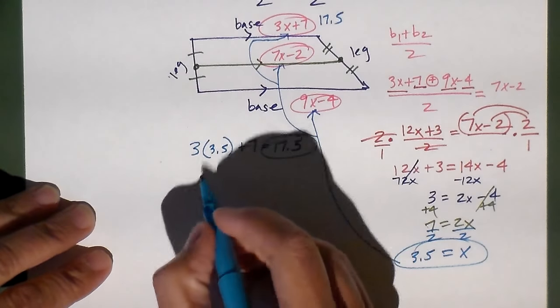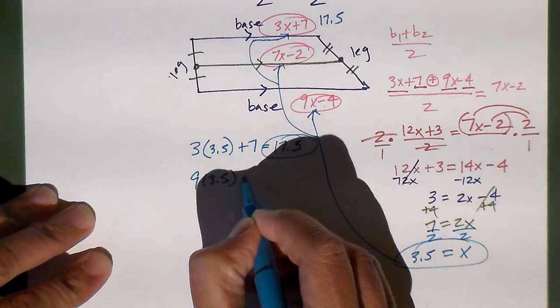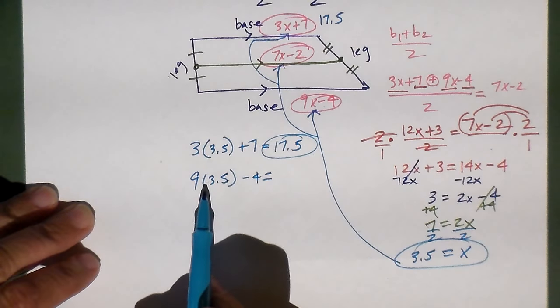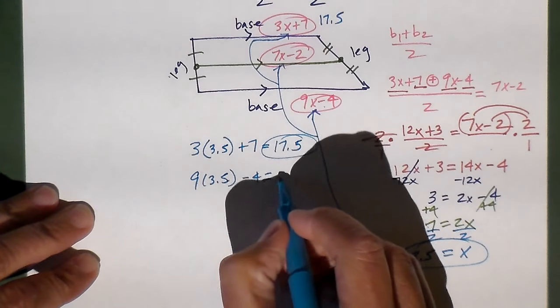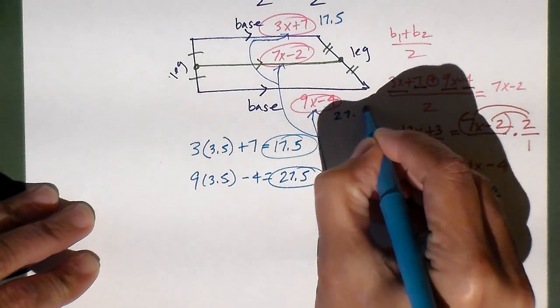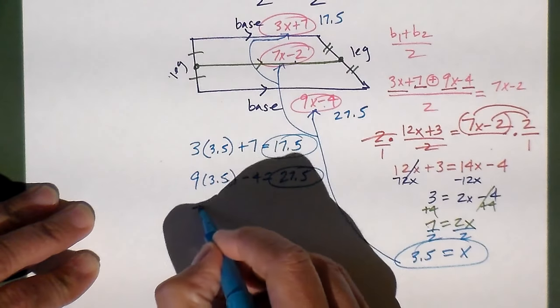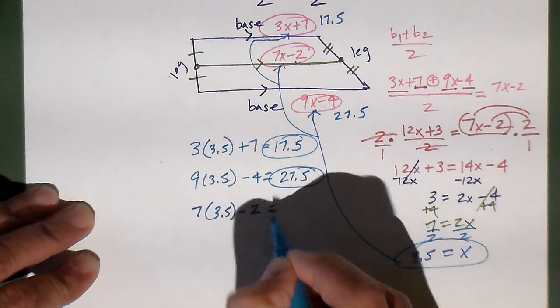Let's do the bottom base. I have 9x minus 4, so 9 times 3.5 minus 4. 9 times 3.5 would be 27 plus 4.5, which is 31.5, minus 4 is 27.5. So this base is 27.5. So let's find the mid-segment. 7 times x, which is 3.5, minus 2.